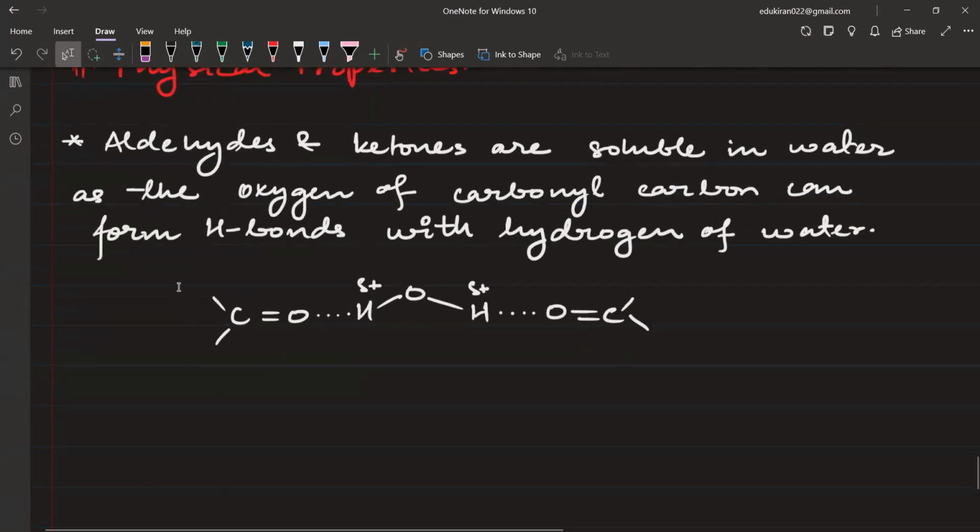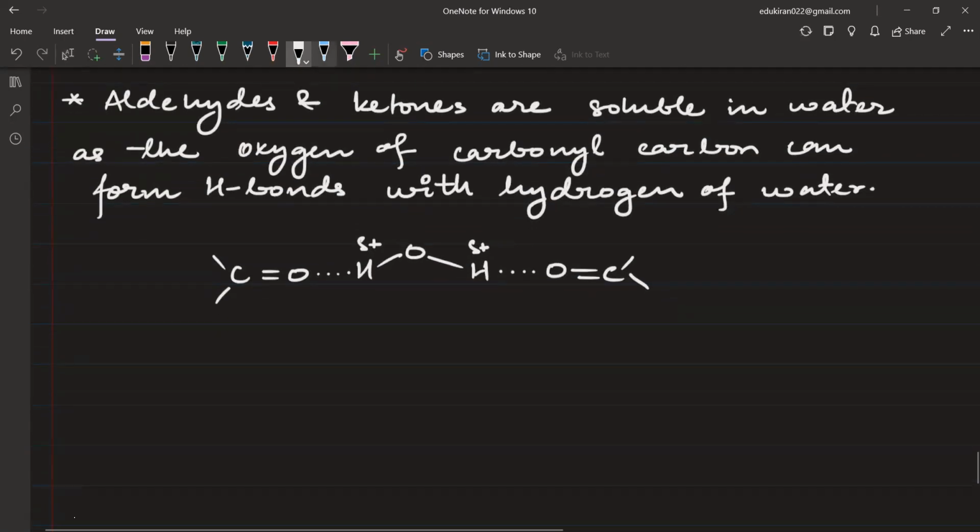Very similar to ethers and alcohols also. Only this part is favorable for solubility. The R groups that we have, the carbon atoms, are not favorable for solubility because they are non-polar. So if I increase the number of carbon atoms, the unfavorable part increases, and that is why the solubility decreases.